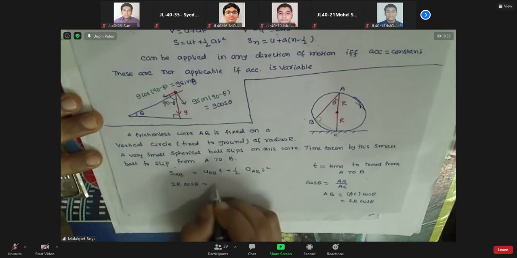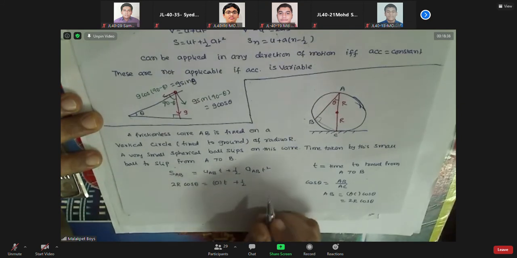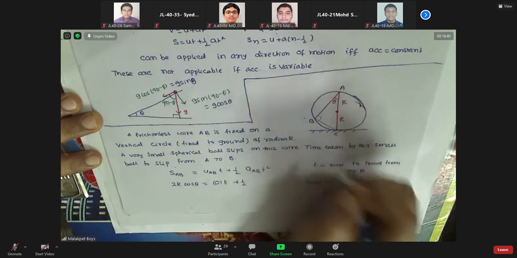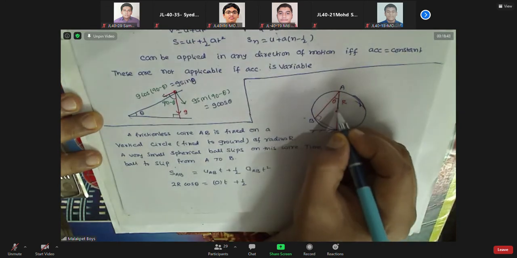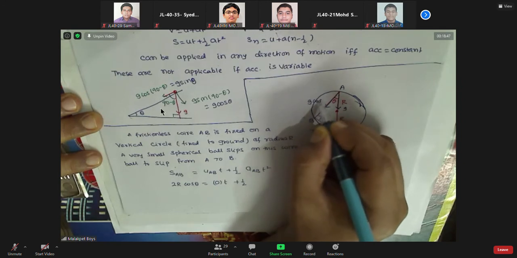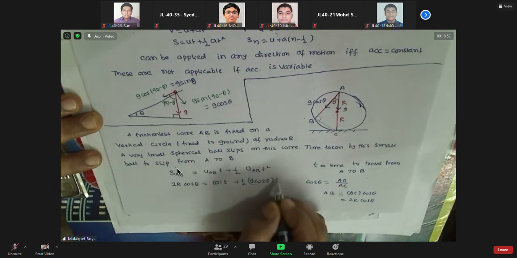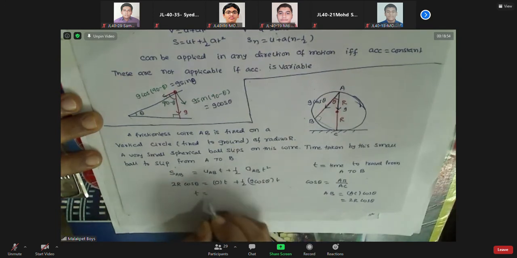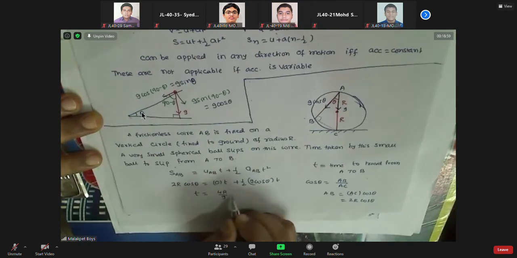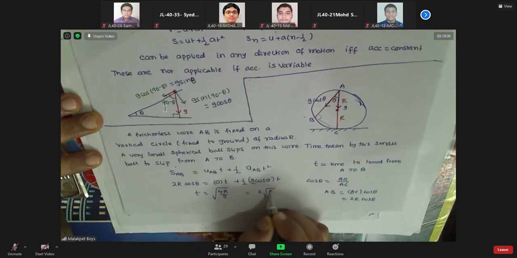Rest, half. See, this is g now. Along this direction, what will we have? The vector component. Remember this?